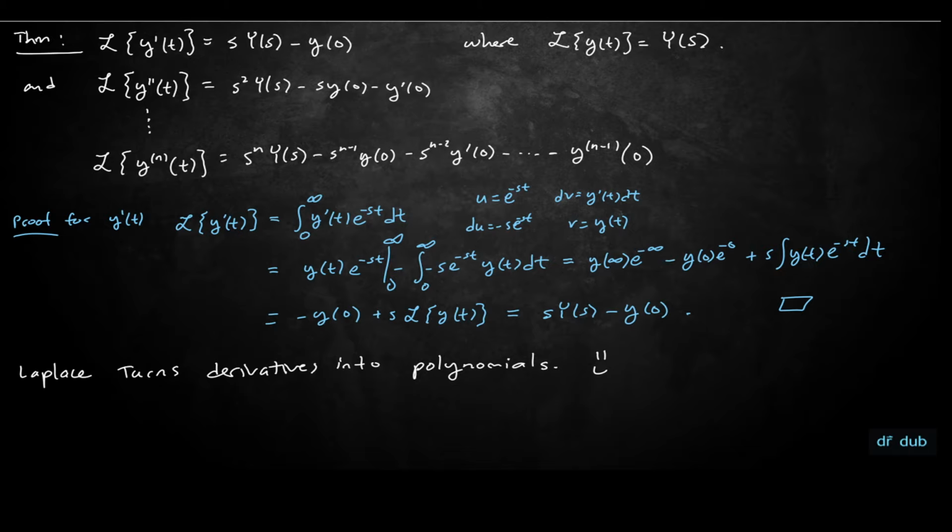And we'd much rather work with polynomials than we would with derivatives. Well, why does that happen? Think about it. Laplace transform is an integral, so it kind of undoes a derivative if you use integration by parts. So it's a really nice property that we have here for Laplace transforms. We can turn derivatives into algebraic expressions in terms of s. And then all we have to do is solve for capital Y, invert it, and we get little y back. So that's pretty much our solution process.